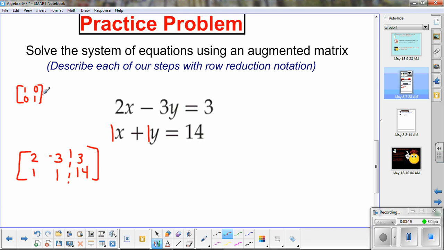So the first thing I'm going to do, I'm going to swap these two rows so I end up with a 1 in that upper left corner. So I'm going to show an arrow that I'm moving from here to here, and then I'm going to write above that arrow what I'm doing. I'm going to swap row 1, and we'll call that R1 and R2. So now we're going to rewrite it with the two rows swapped.